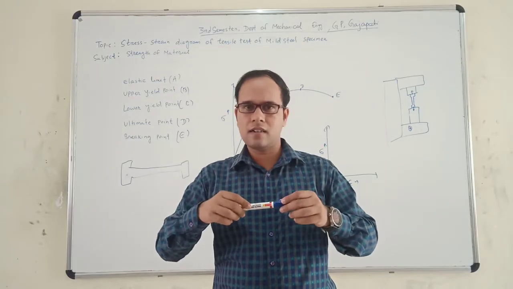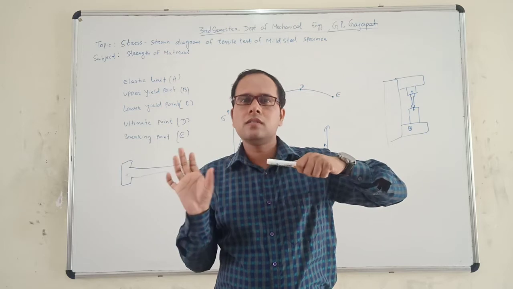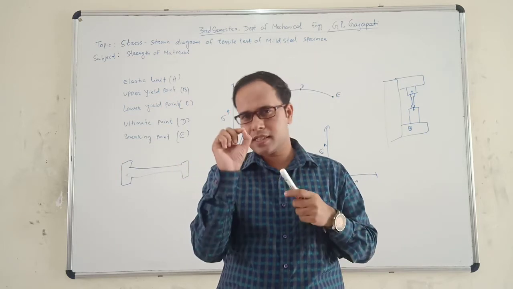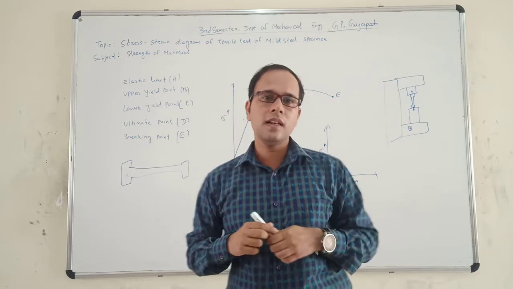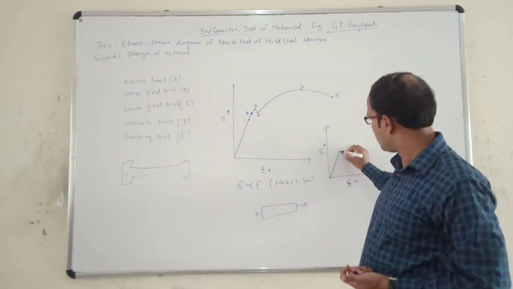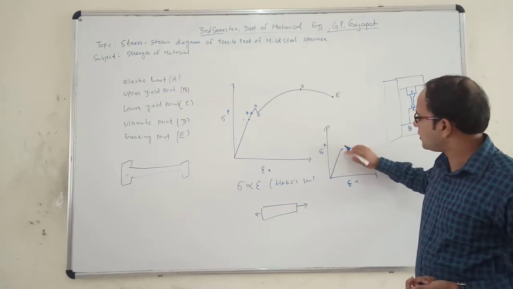If I apply force, without much elongation it will break. That means there is a small change in length, the body obeys Hooke's law, and then after some time it will break. The curve will remain like this.